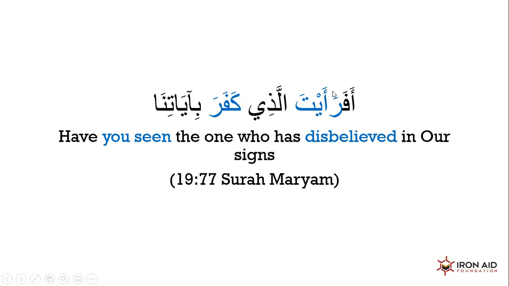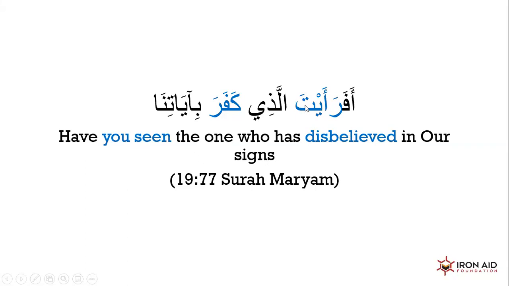Okay, so here رأيت means you seen or you have seen. So the addition of the alif hamza here makes this a question. So have you seen the one who has disbelieved in our signs?